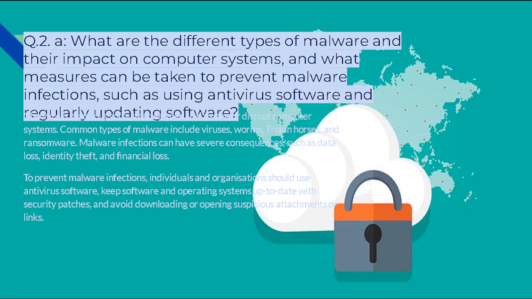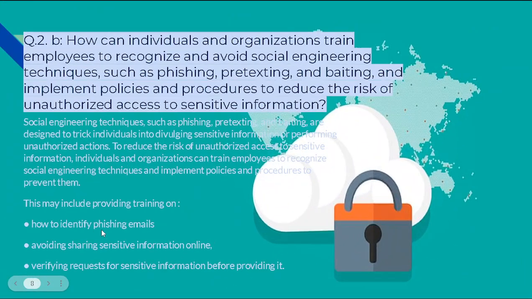To prevent malware infection, individual and organization should use antivirus software, keep software and OS up to date with security patches, and avoid downloading or opening suspicious attachment or links.